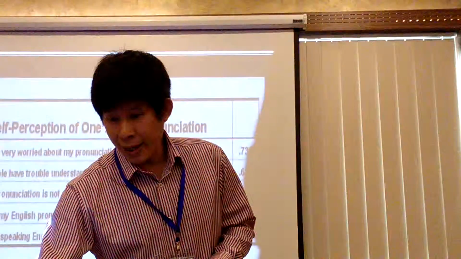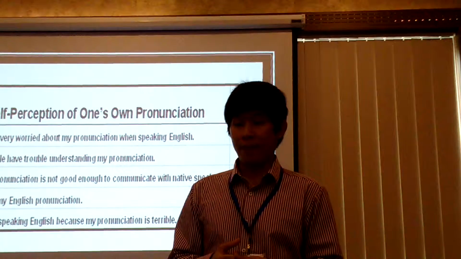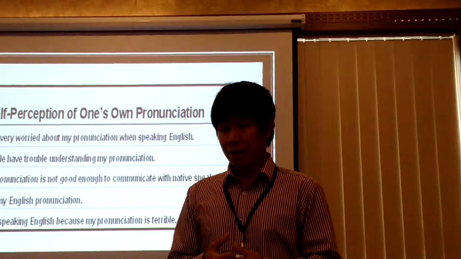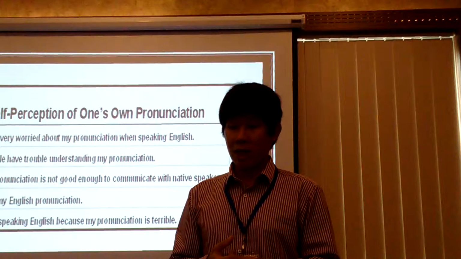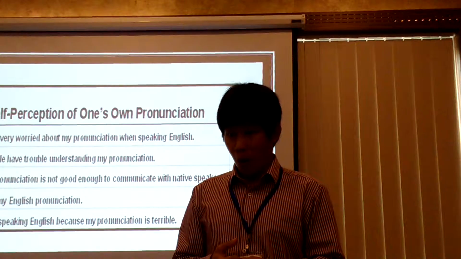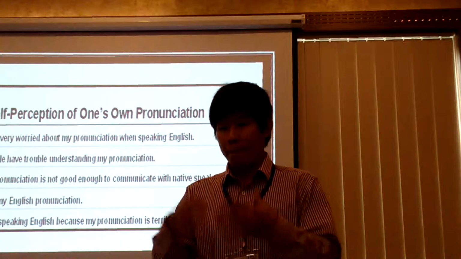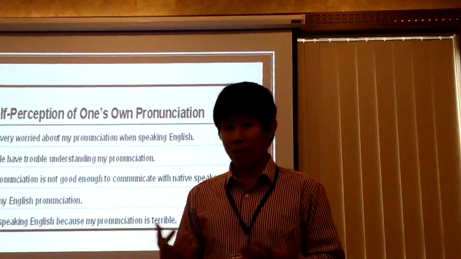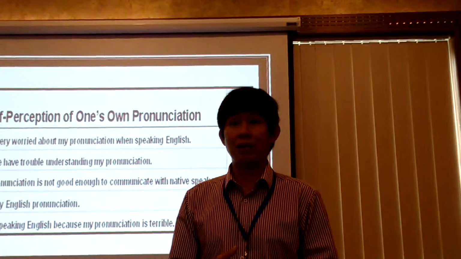Okay, and the second example, for self-perception of one's own pronunciation. For example, one of the statements is, I'm very worried about my pronunciation when speaking English, or people have trouble understanding my pronunciation. Most of the statements here sound negative, except one sentence, I like my English pronunciation.